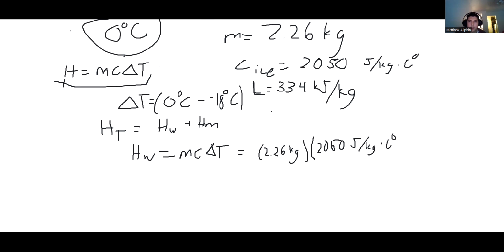And these are found in your book and your test packet. And this last part is my difference in temperature, which we found up here, and that's just going to be 18 degrees Celsius.